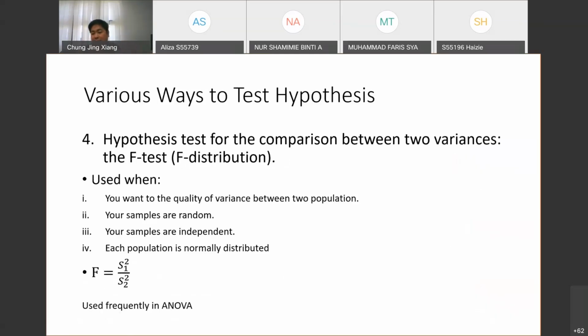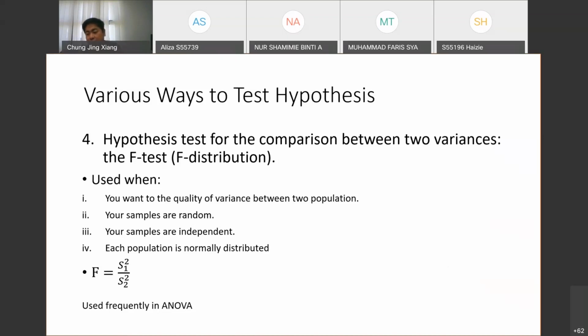The fourth test that people usually use is the comparison between two or more variances. This is called the F test. We use the F distribution. You don't really have to care a lot about this jargon, but it's good to know what the F distribution is.